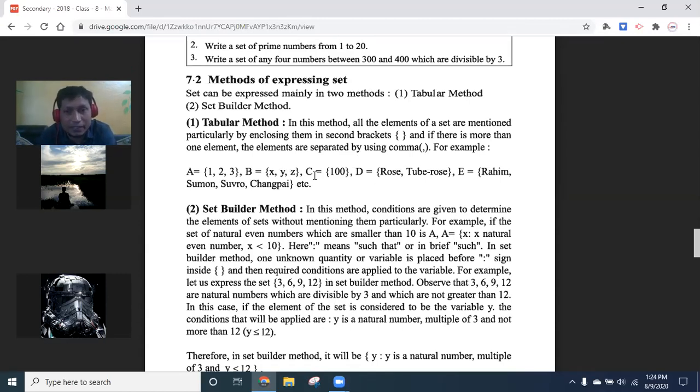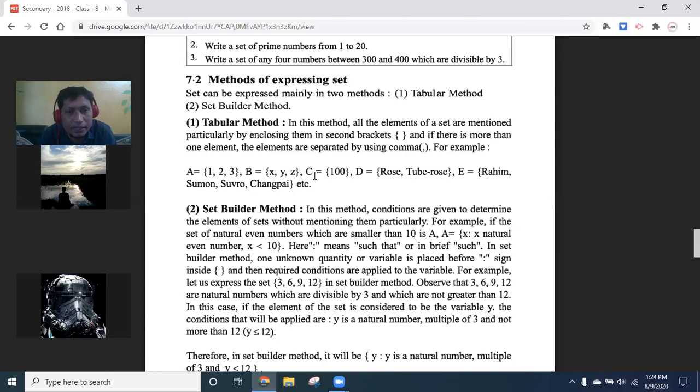In this form, the elements of the set are separated by comma and enclosed by second brackets. If all elements of a set are specified by comma and enclosed by brackets, then the system is called the tabular method.